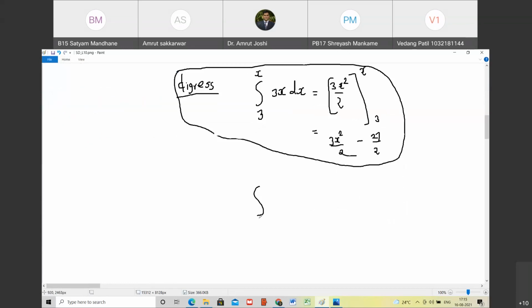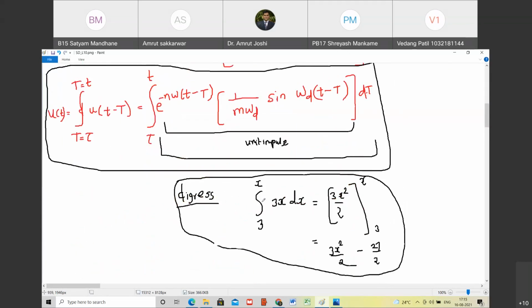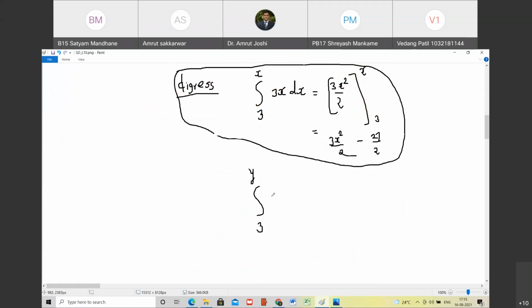Let me do an integration from 3 to y of 3x dx. बोलो क्या होगा? 3x square by 2, right? And the limits are 3 to y. So it is going to be 3y square by 2 minus 27 by 2. Do you agree with me?